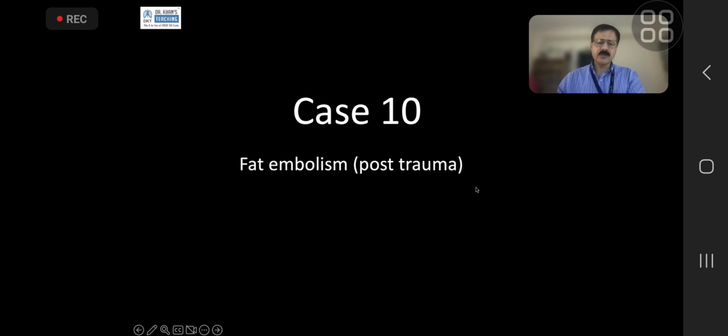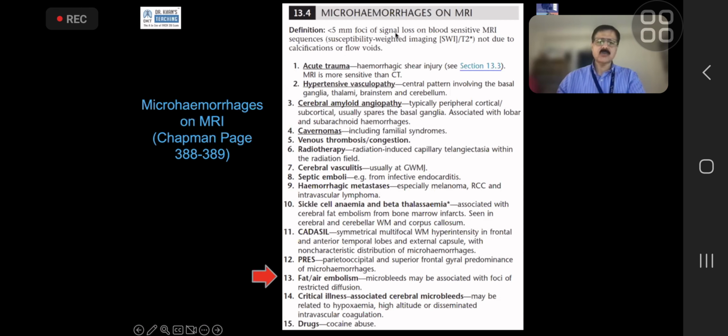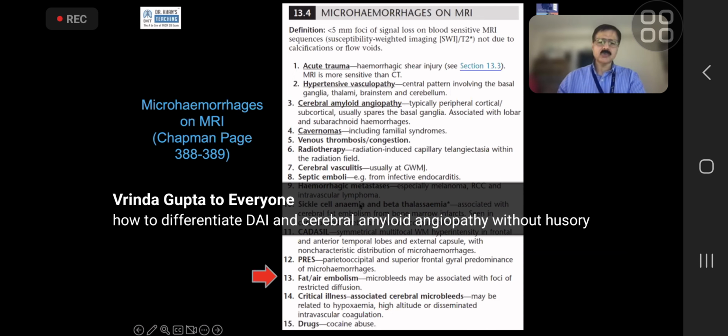So, fat embolism post-trauma, but there was diffuse axonal injury as well. Now, for microhemorrhages on MR, there is a huge differential diagnosis. Please remember fat or air embolism, fat embolism particularly.